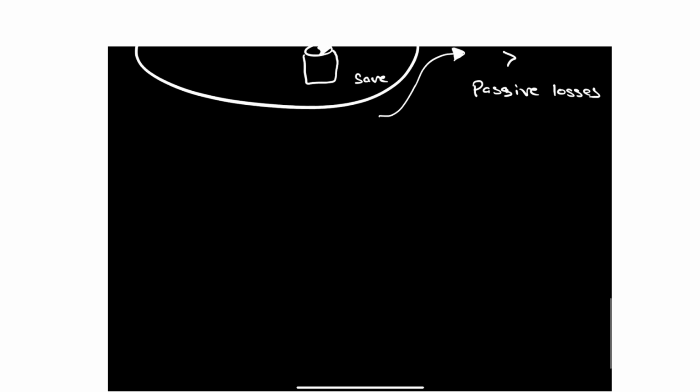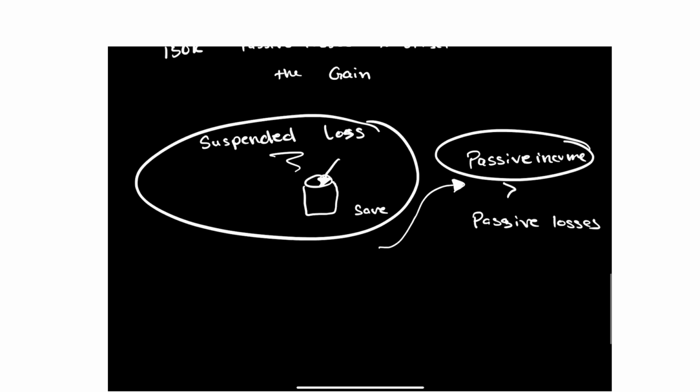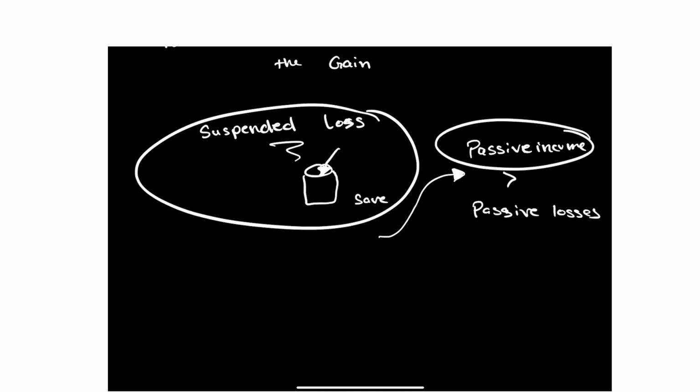And the important thing is, although you'll accumulate the suspended losses with the property in Florida, you can use this to offset any passive income. So whether that's selling of stock, whether that's you selling the house, anything of that example. So again, it's very important that even if we make over that $150,000 threshold, we constantly save those suspended losses and we track those, because those can offset future passive income.